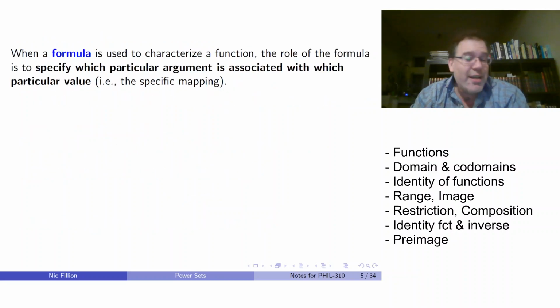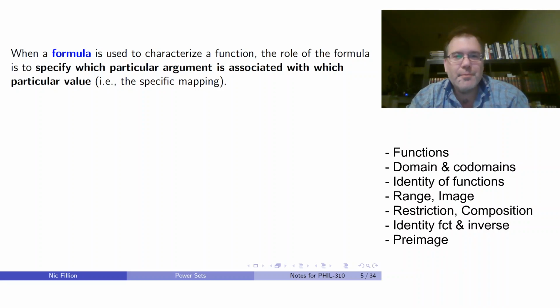So there are different ways of describing functions. Often, in order to characterize a function, we're going to provide a formula that tells us how to go from the input and calculate the output. We take the argument, we apply the formula to it, and it's going to give us the value of the function. So from that point of view, a function is containing a sort of recipe to figure out what input is associated with what output.